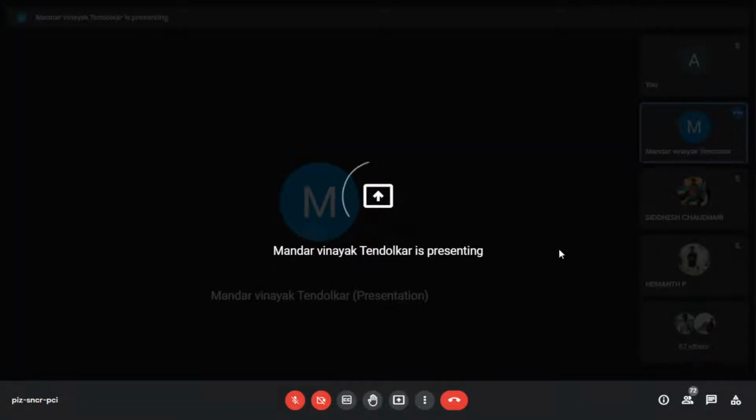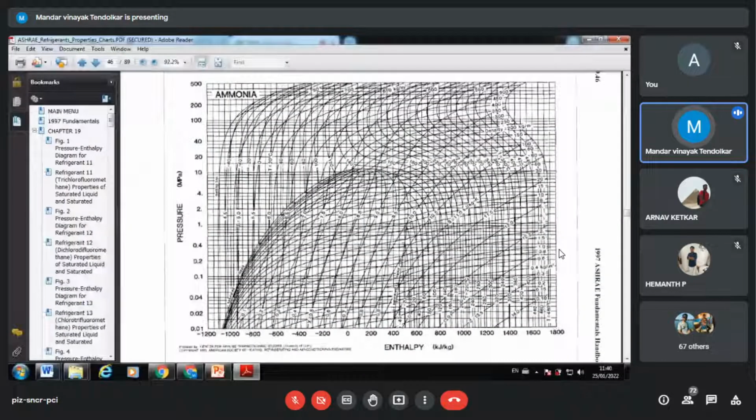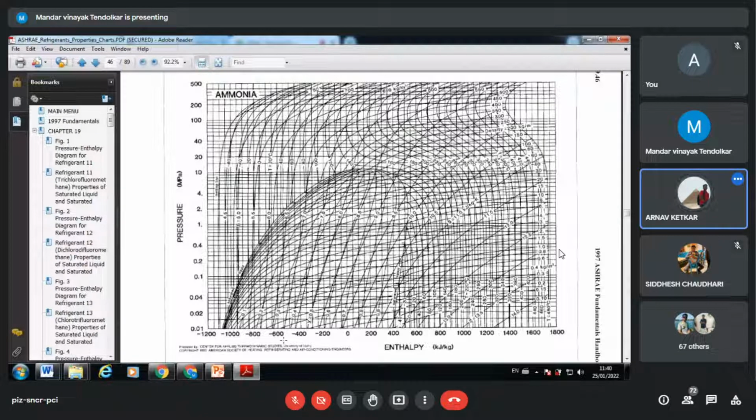Can you see this? Yes, sir. This is a chart for ammonia. Enthalpy value negative. Not only entropy, even the enthalpy value is negative. What is the meaning? This is with reference to something.